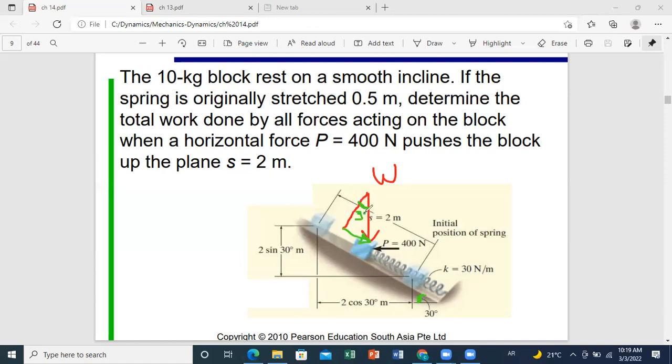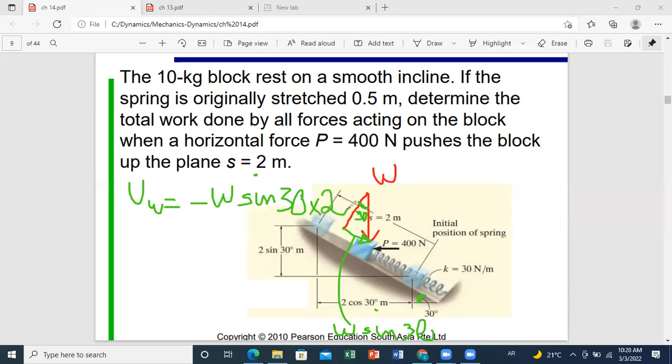So the projection of the weight on motion is W sine 30. And because it's opposing motion, the work of the weight will be negative. So we can write that the work of the weight is minus W sine 30 times the displacement, delta S, which is 2 meters.